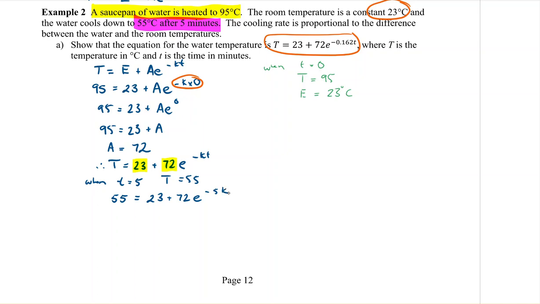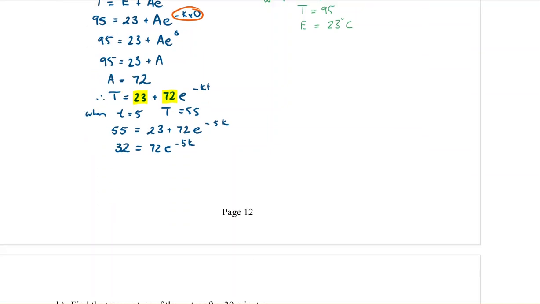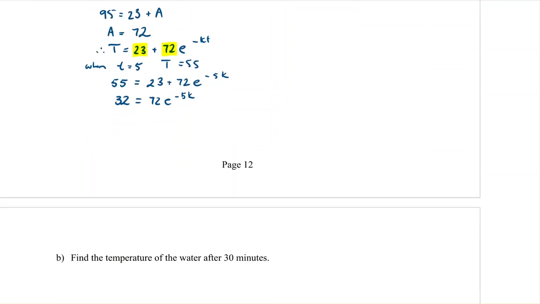So k is my only unknown. Sorry, it's not a variable, it's a constant, but I need to find it. First of all, subtract the 23. So that makes 32 equals 72e to the minus 5k. Divide by 72. 32 divided by 72, you can divide top and bottom by 8 and get 4 over 9 equals e to the minus 5k.